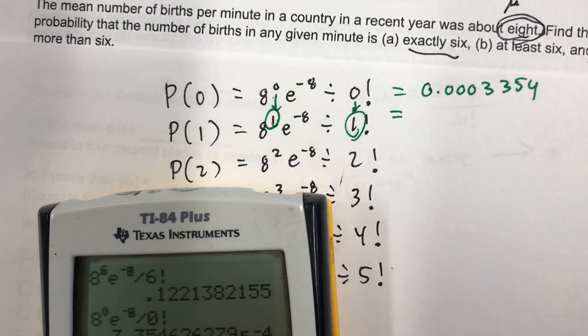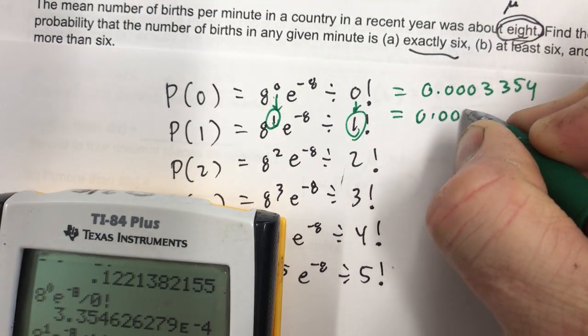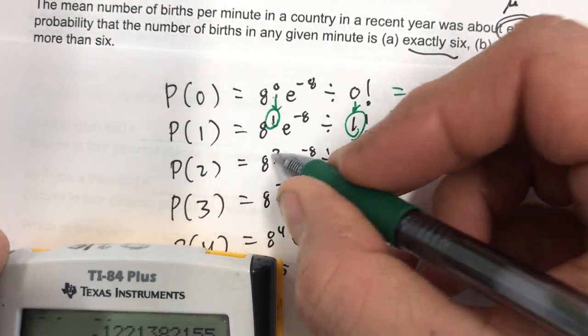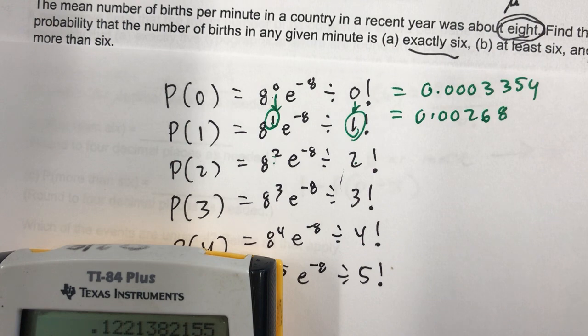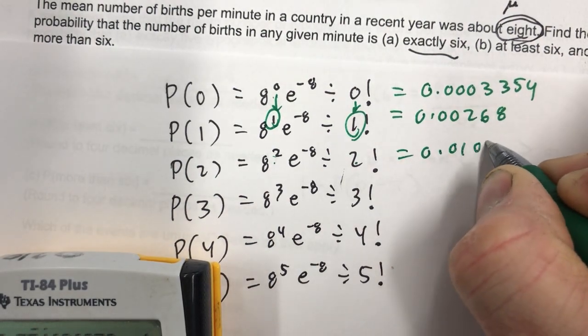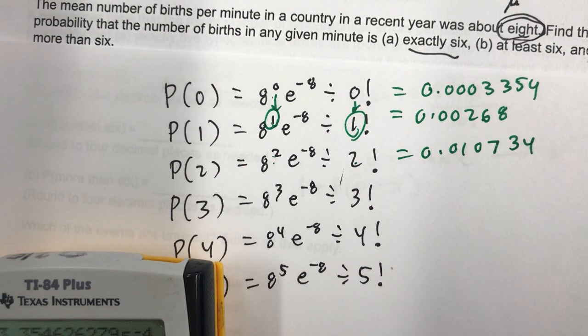So 1, 1. And that comes up to 0.00268. And now I'm going to change these to 2's. So go back in there, change my 1's to 2's. 0.010734. Change them to 3's now.